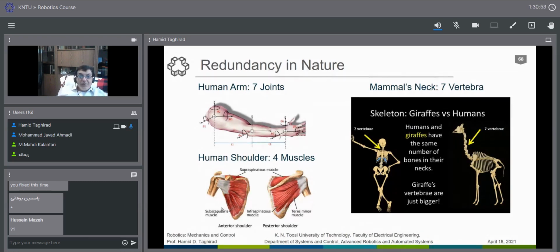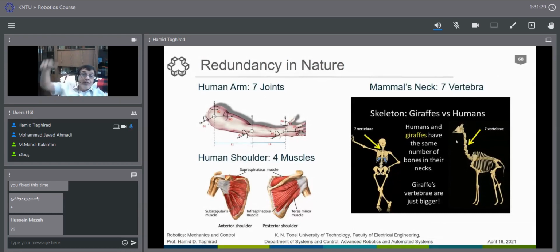A bit more than that and stranger than that is our neck. You can see that all the mammals' necks have 7 vertebrae, 7 bones. 6 degrees of freedom, but 7, again 1 degree of redundancy. And the giraffe has also 7.